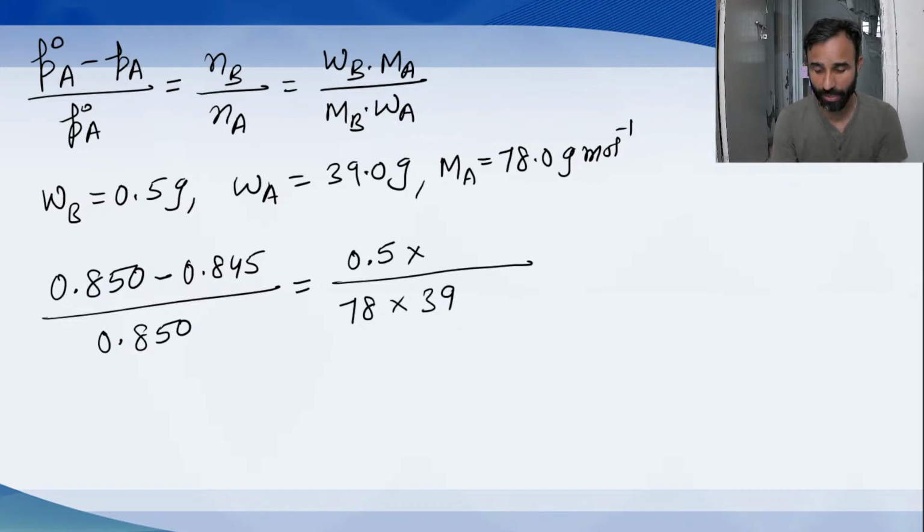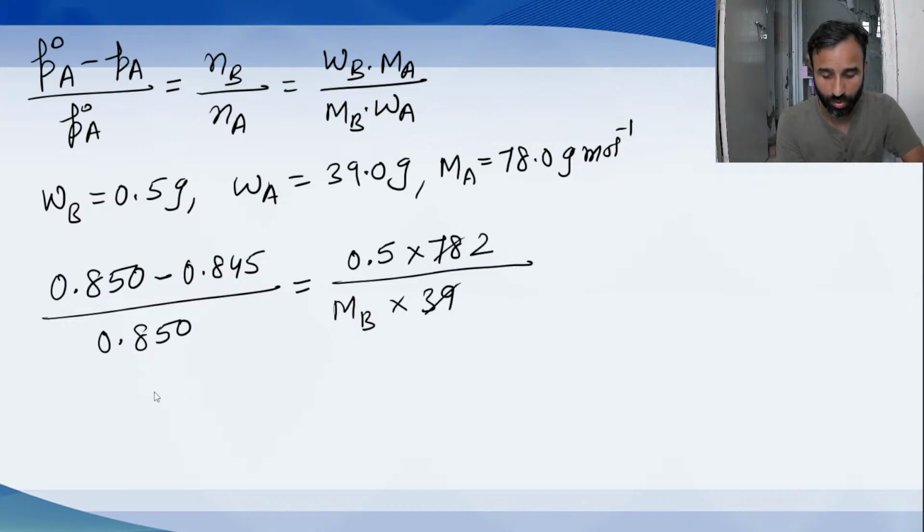Sorry, MB is not given. MB we have to calculate, because the molar mass of benzene, the solvent, is given. So 78 to 39 into 2, it becomes 1 only.